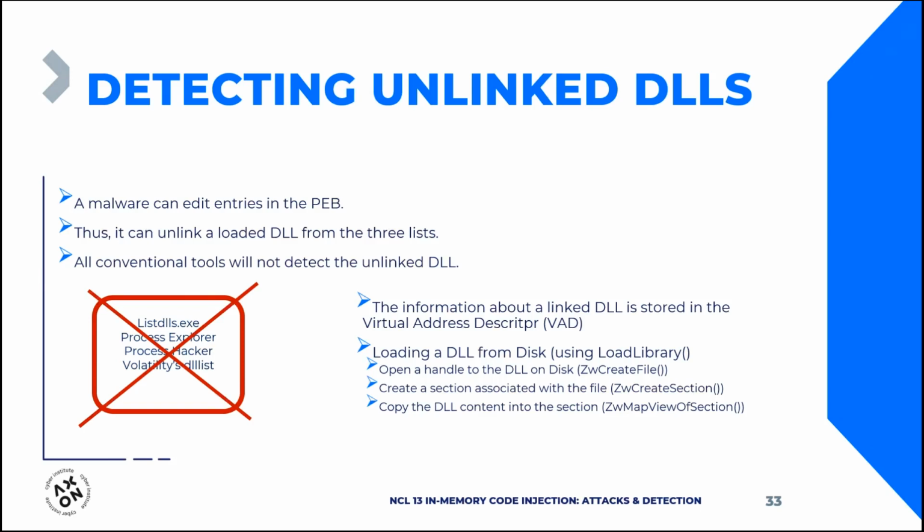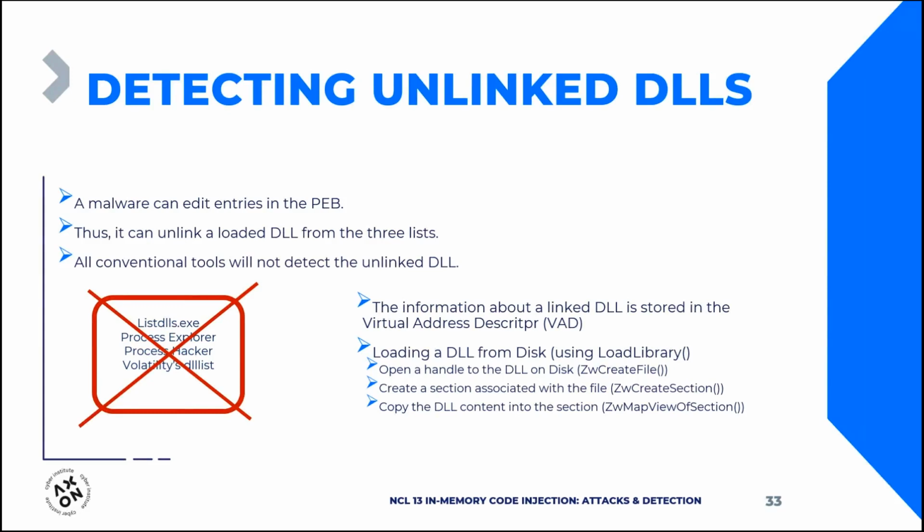Anyone can edit it and anyone can modify the entries in it. So sometimes malware would load a malicious DLL and then remove its name from the PEB. So you issue dlllist, you don't see anything suspicious, yet the suspicious DLL is there in memory.